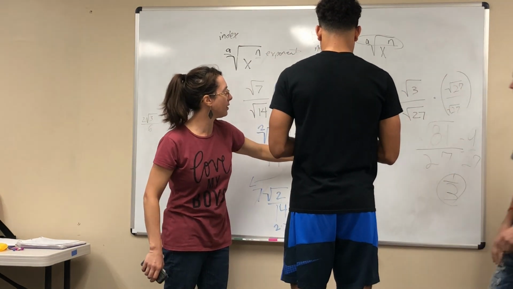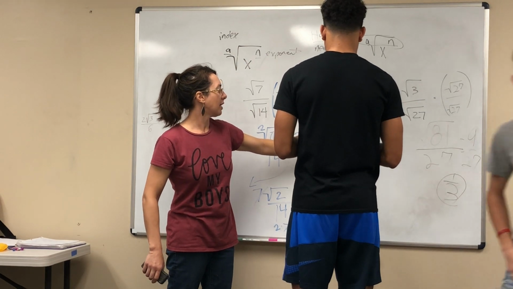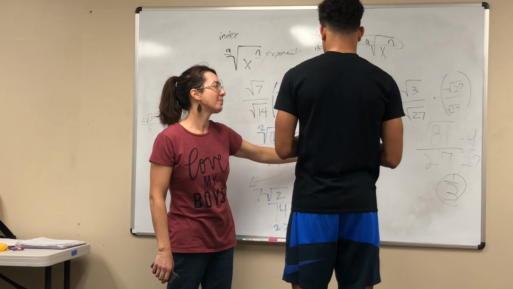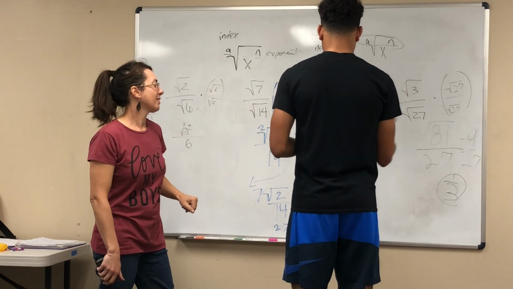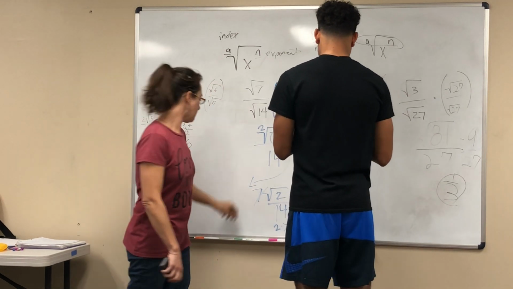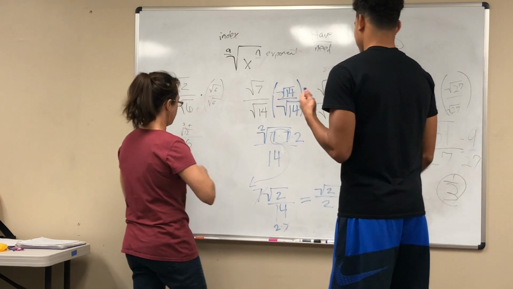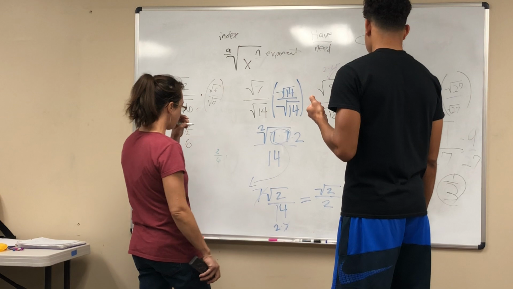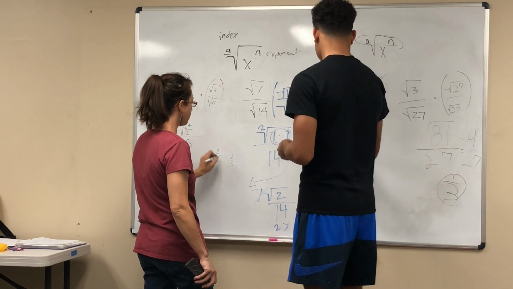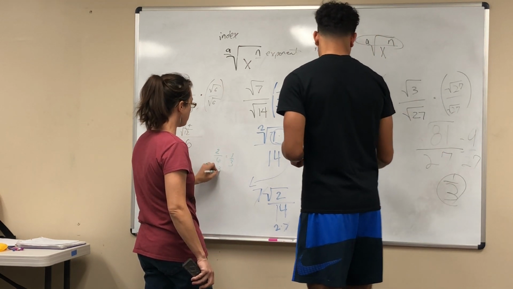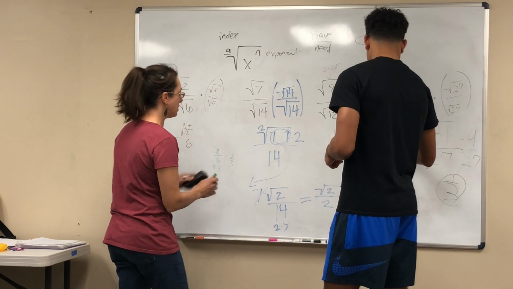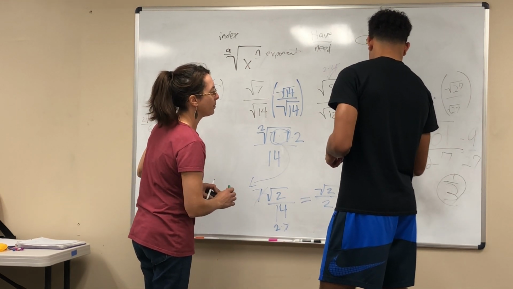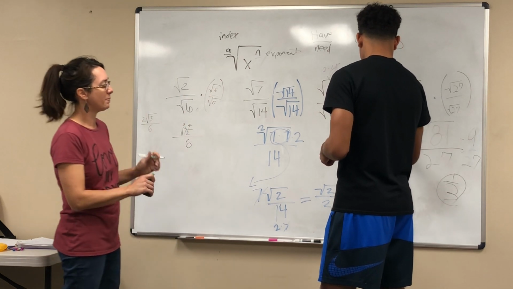If you had 4 12ths, how would you simplify that? Divide 12 by 4. If I had 2 over 6, how would I simplify that? 1/3. Because 6 is really 2 times 3, and I'm crossing out the tops and the bottoms. And you don't have to have the one.